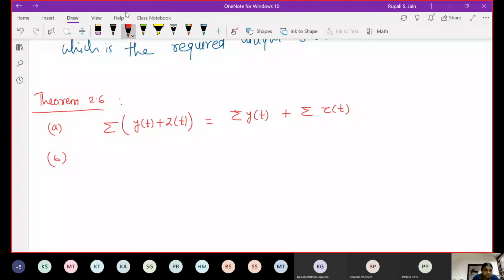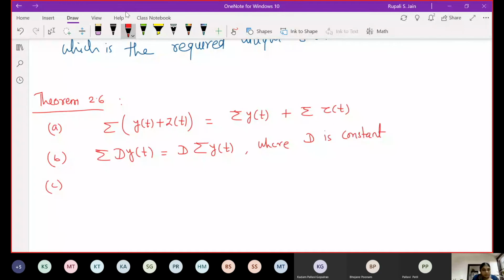Then summation of d times yt is nothing but d times summation yt, where d is any constant.